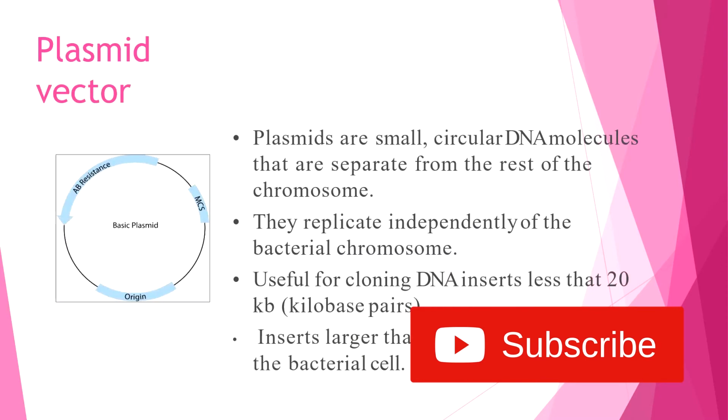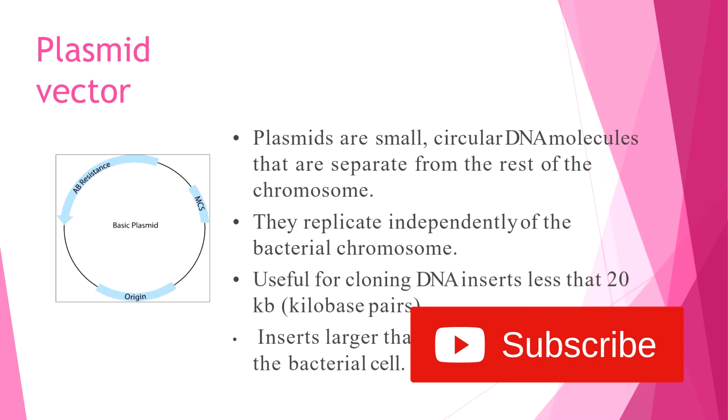The first one is the plasmid vector. Plasmids are small circular extrachromosomal DNA. Okay, they replicate independently of bacterial chromosomes, which means within the bacteria there is a bacterial chromosome, and apart from the bacterial chromosome, there are the plasmid vectors, or plasmids.